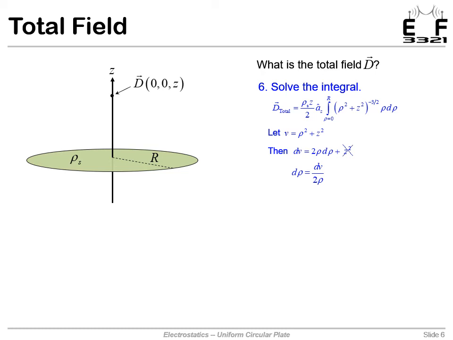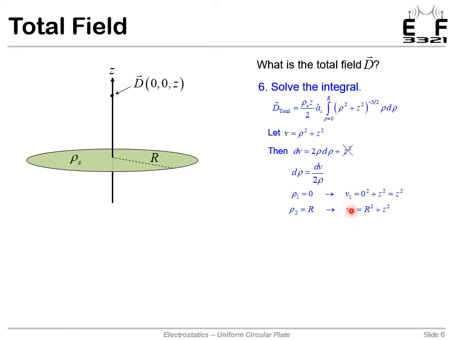If we're converting our integral over to v, we need new limits of integration. So what are they? Right now the first limit is rho equal to 0. So we go back to the expression defining v and plug in 0 for rho. So the first limit is z squared. Our second limit is when rho equals R. So we plug R into this expression, and we integrate up to R squared plus z squared.